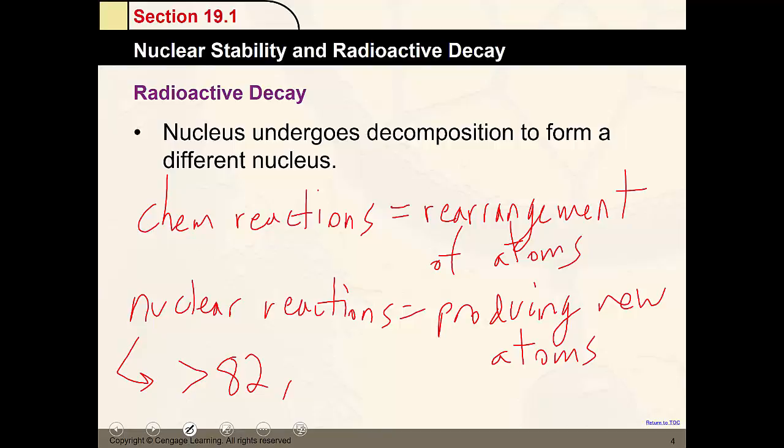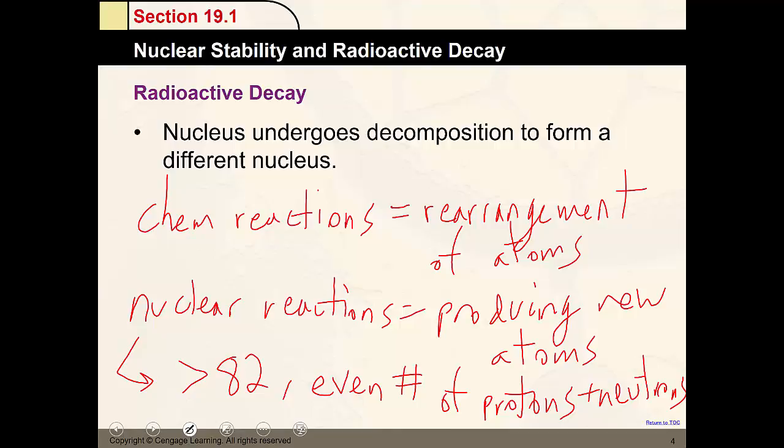And also in general, if elements have even numbers of protons and neutrons, that means they are likely to be more stable.